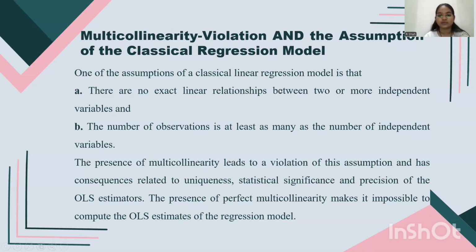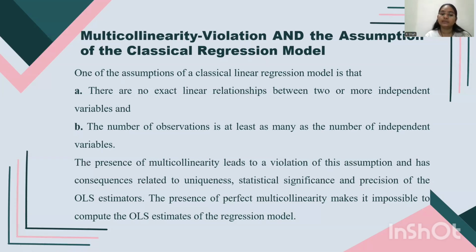If this assumption is also violated, it may lead to multicollinearity. The presence of multicollinearity leads to violation of this assumption and has consequences related to uniqueness, statistical significance, and precision of the OLS estimators. The presence of perfect multicollinearity makes it impossible to compute the OLS estimates of the regression model.